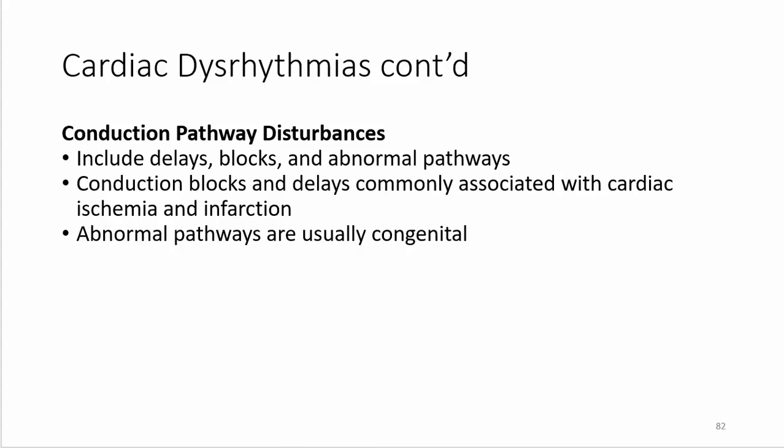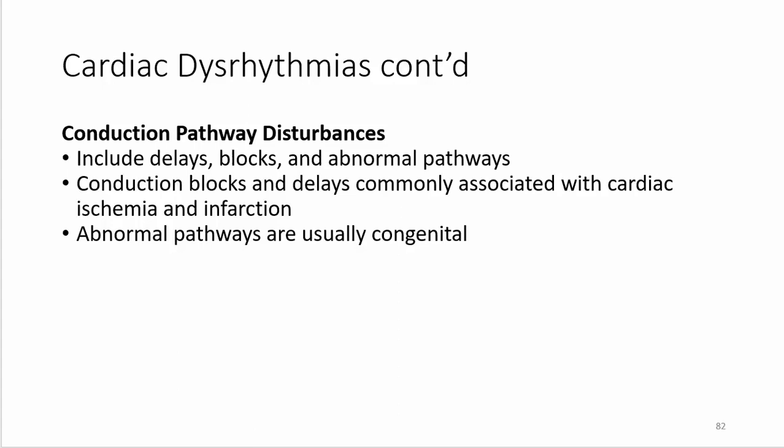There could be abnormal pathways where there are electrical connections where there's not supposed to be, and that's generally got something to do with congenital anomalies. We see that when there's other congenital anomalies more than in a normal healthy heart.